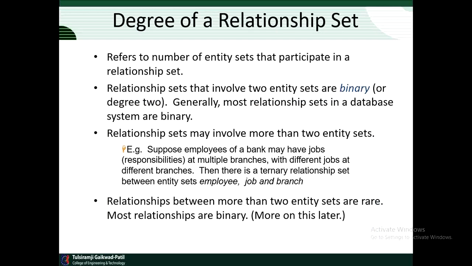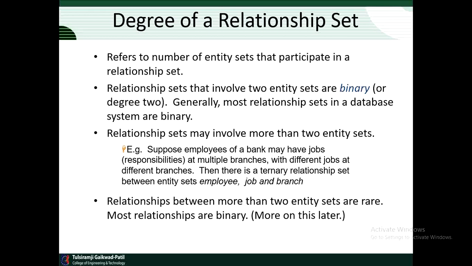Then we will see what is the degree of a relationship set. Degree of relationship set refers to the number of entity sets that participate in the relationship set. How many entity sets participate in or are involved in the relationship set is given by the degree of the relationship set.